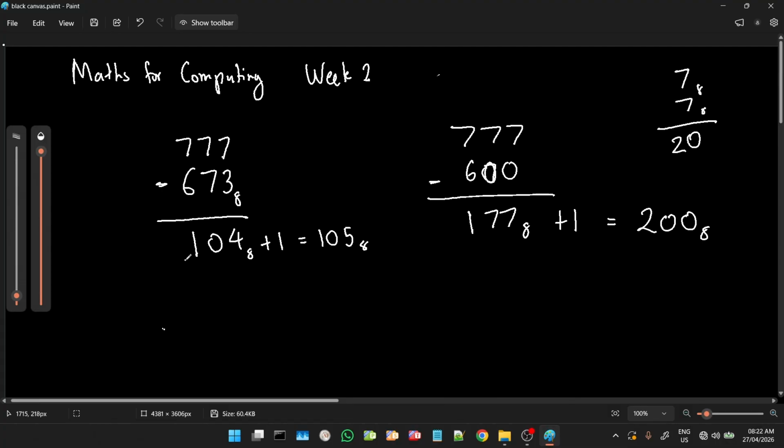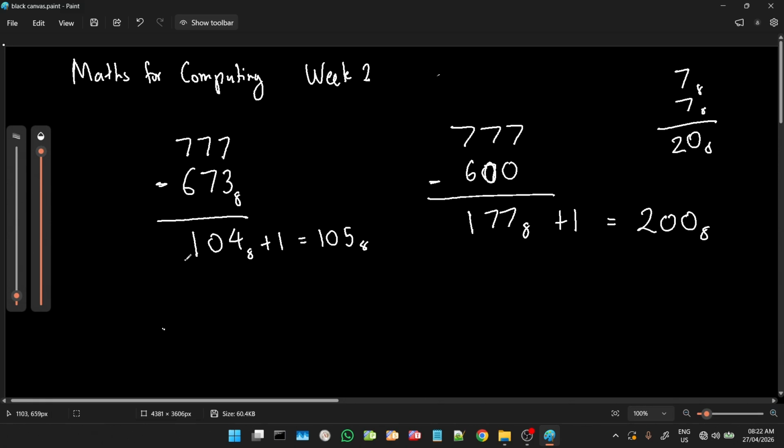This is for base 8, right? Because 7 and 7 is the maximum, so I'm going to put a 6 here and carry a 1 over there. So it's very important that you don't confuse yourself over this.